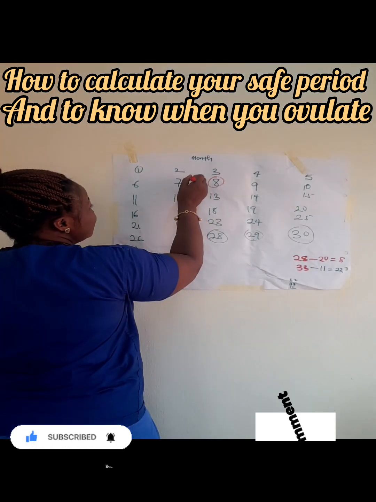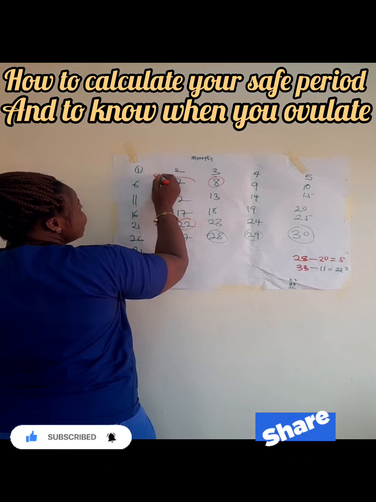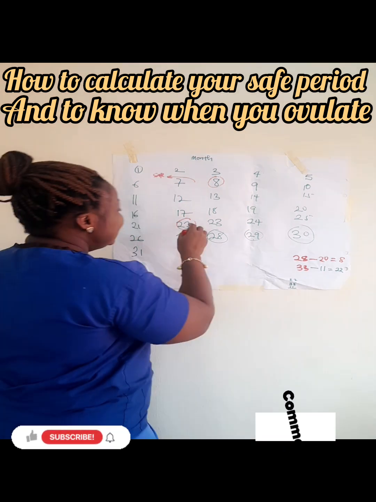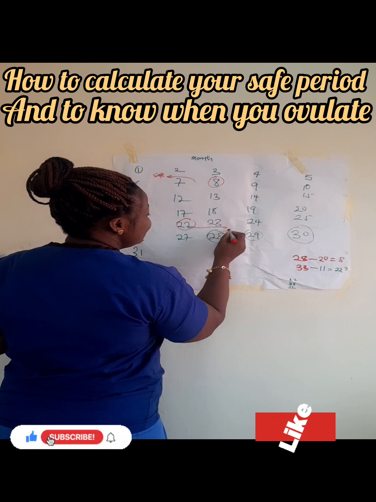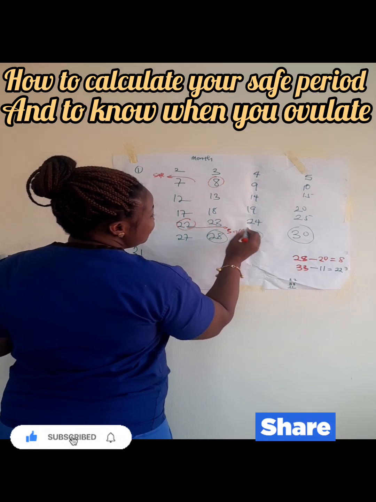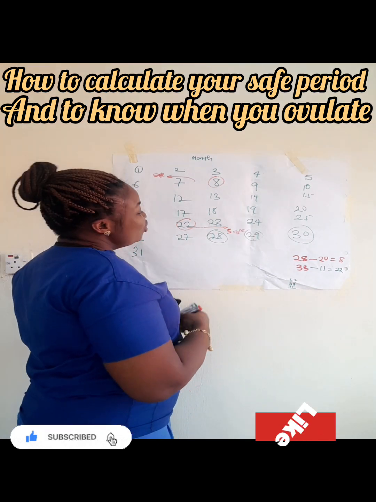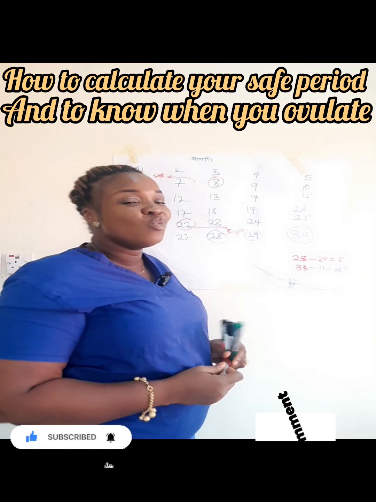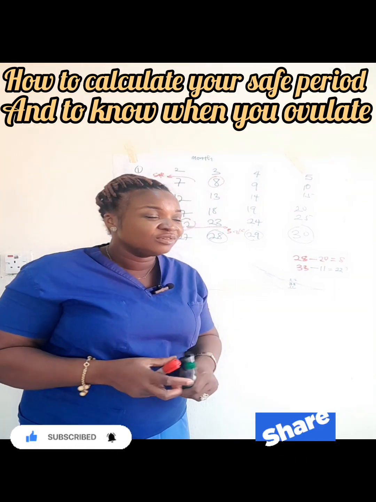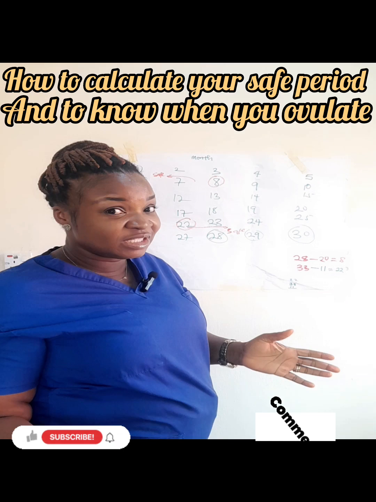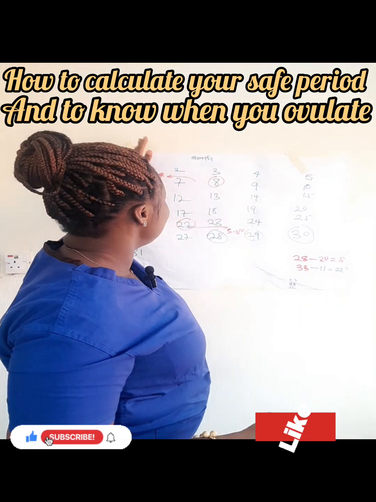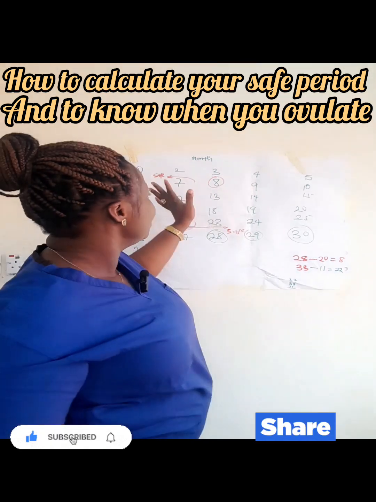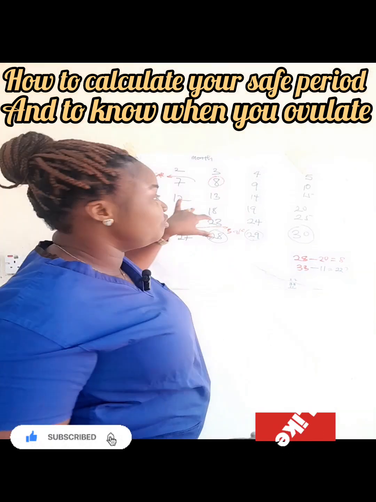Now, from here down, you are safe. This is another safe period. So this is how to get when you are not safe for intimacy, and when you are safe for intimacy. Both of these are the safe period, and in between is the unsafe period.